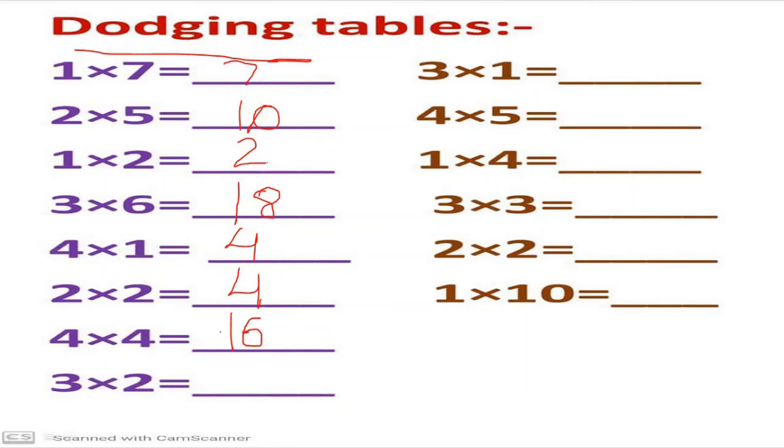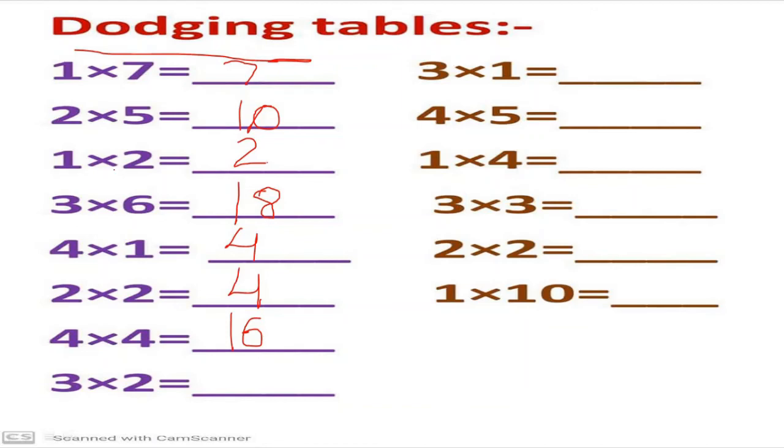What you have observed? If you want to make practice of dodging table, what is necessary? I told you before, after starting the year, to memorize the table each and every day. In each and every lecture, I inform you that you have to memorize the table. And where will dodging table be useful? Yes, it will be useful while doing multiplication sums.